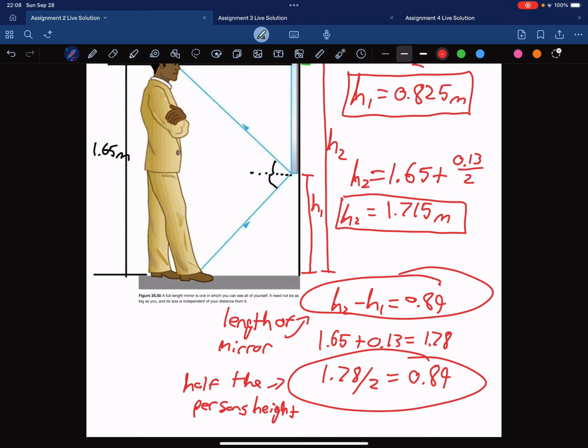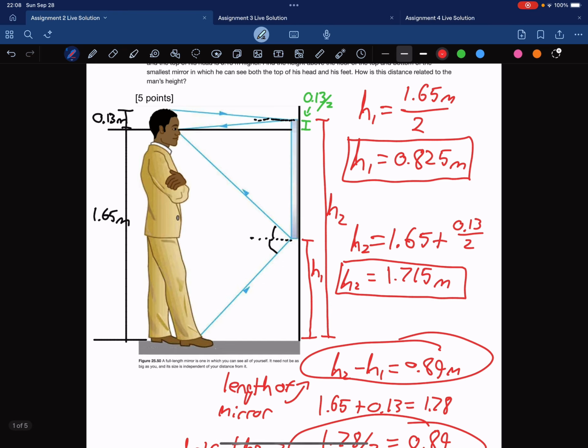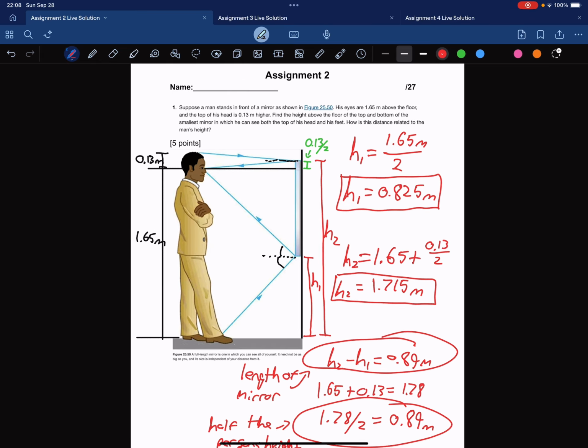And you see that they are exactly the same. I should add meters to both. There we go. So in this case, the mirror is exactly half the person's height, and it is placed so that the bottom of it is 0.825 meters above the ground, and the top is 1.715 meters above the ground. So that is question 1.